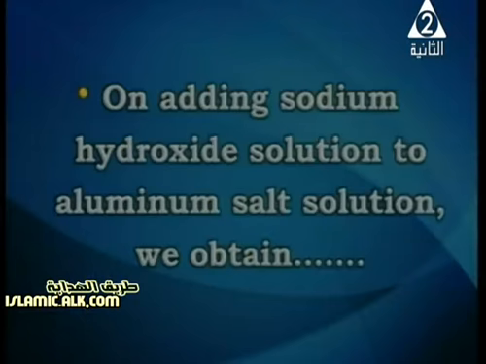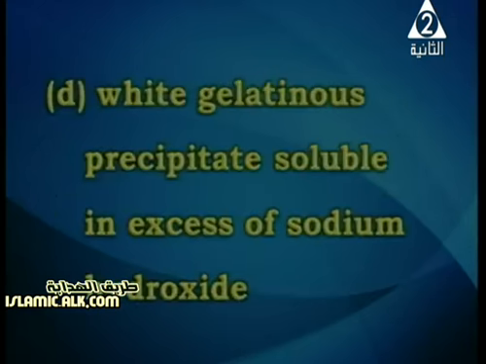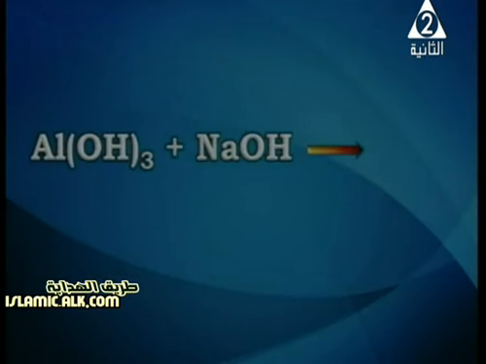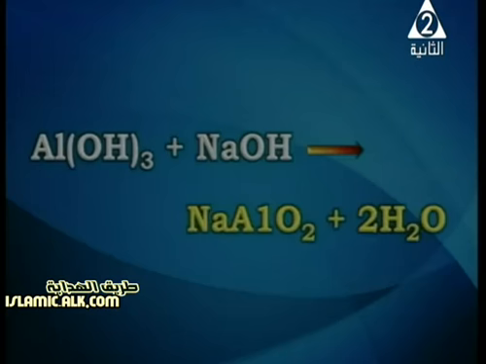If you think about the answer, my dear student, it is the white gelatinous precipitate soluble in excess of sodium hydroxide, and the reason for that is the formation of sodium meta-aluminate, which is soluble in water. As the equation proceeds on the screen, Al(OH)3 plus NaOH gives NaAlO2, sodium meta-aluminate, plus water.